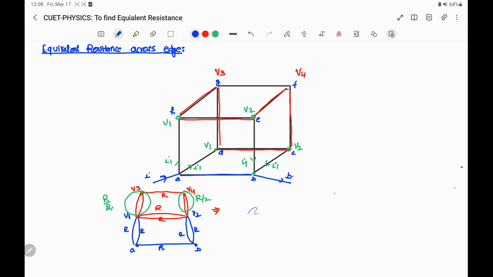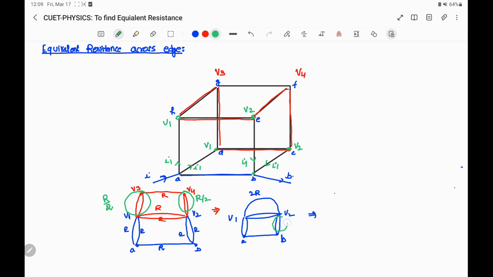So effectively we can reduce the figure: V1 and V2 have two parallel resistors, between A and B there is a resistor R, and from A to V1 there are two parallel resistors, and in between there is a resistor of value 2R.